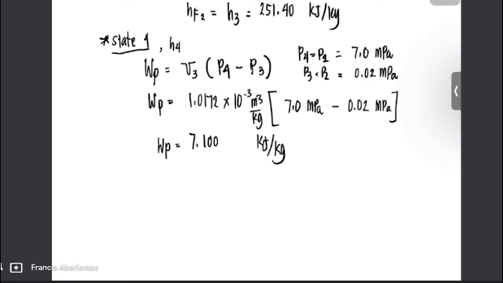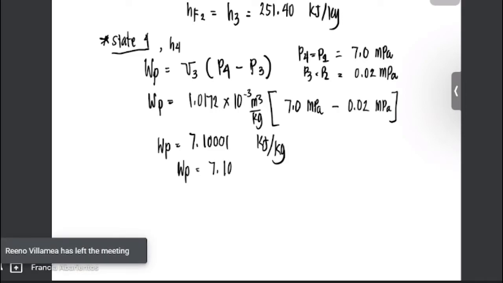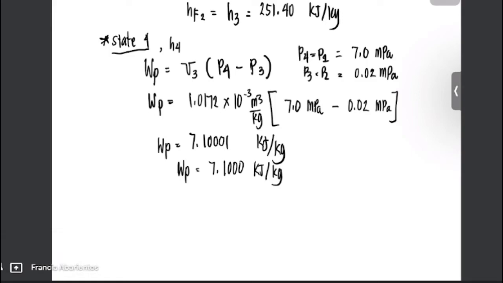Ayun. So, gagamitin natin is the work of the pump at 7.1 kilojoule per kilogram. Kasi 5.6 to 0.056.